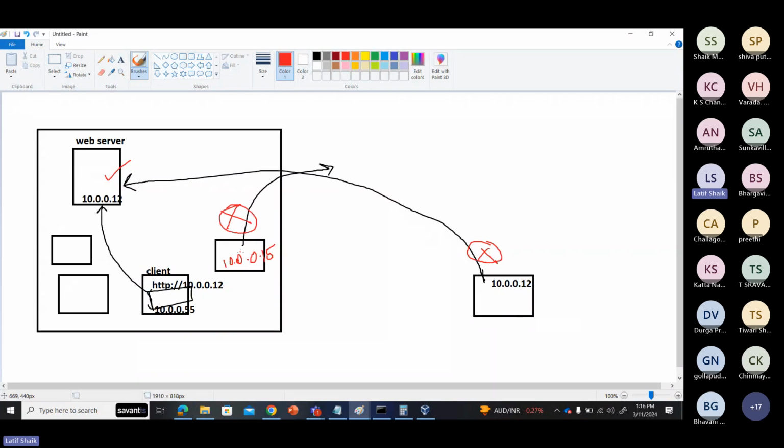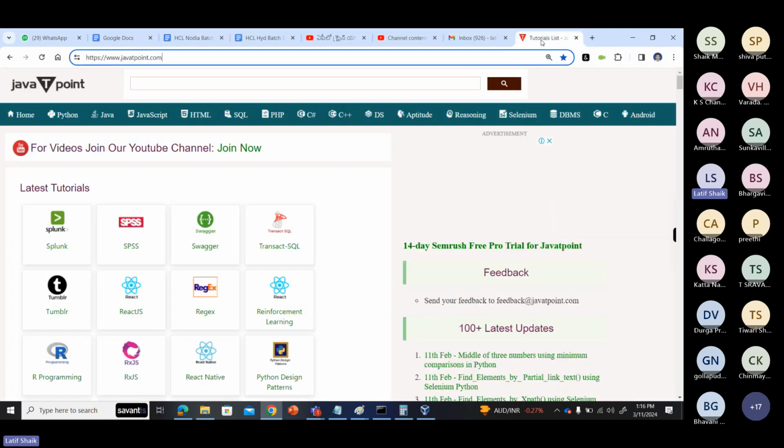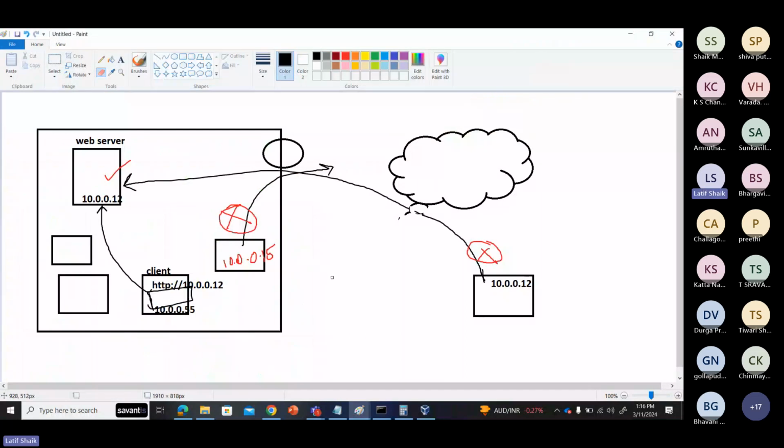But your network is also private, so you also cannot access outside. If you want to access the internet, which is public, like Javatpoint, WhatsApp, Google Docs or Gmail, I need an internet connection.